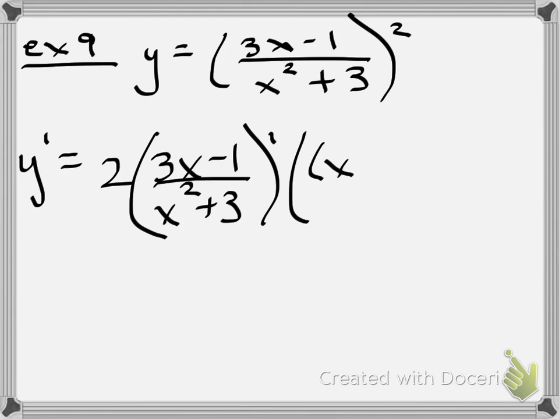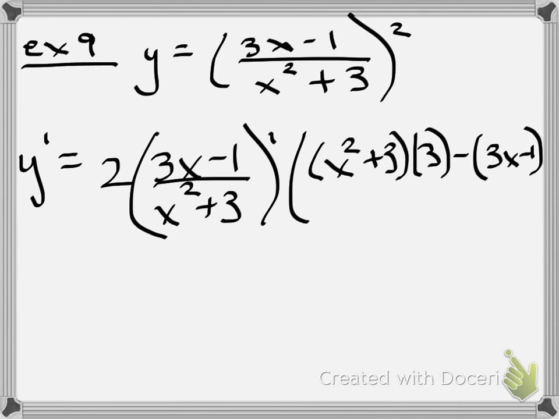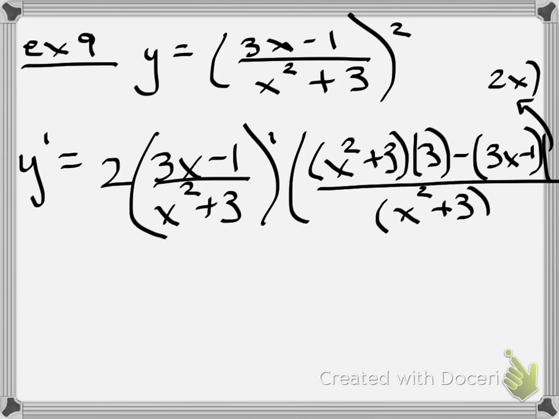So x squared plus 3 times 3 minus 3x minus 1 times 2x, I can't get that to fit there, all over x squared plus 3 squared. So I just ran through low d high minus high d low all over low squared.